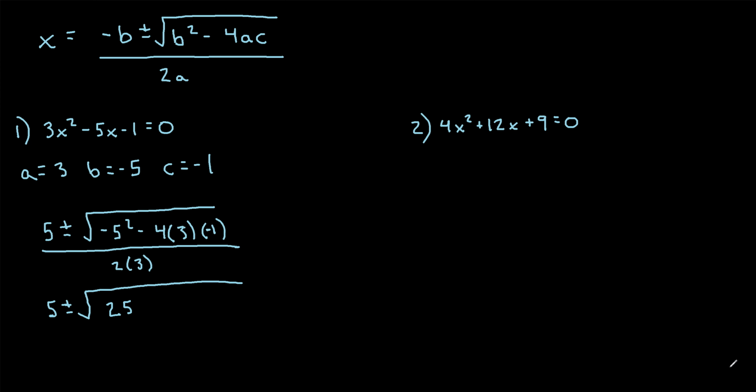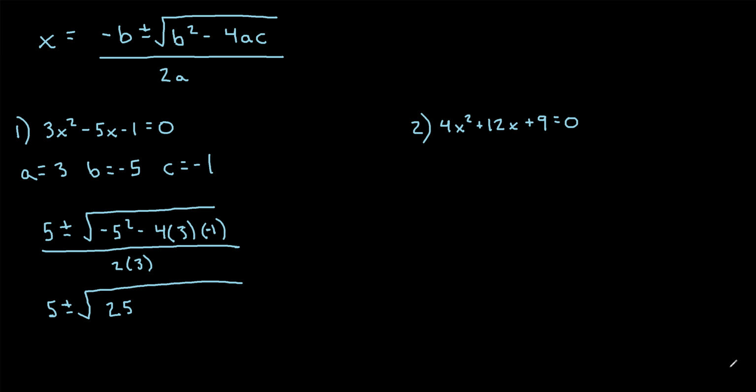So 25 minus a negative 12, that's 25 plus 12. All over 2 times 3 is 6. So our final answers will be x is equal to 5 plus or minus the square root of 25 plus 12, that's 37, over 6.